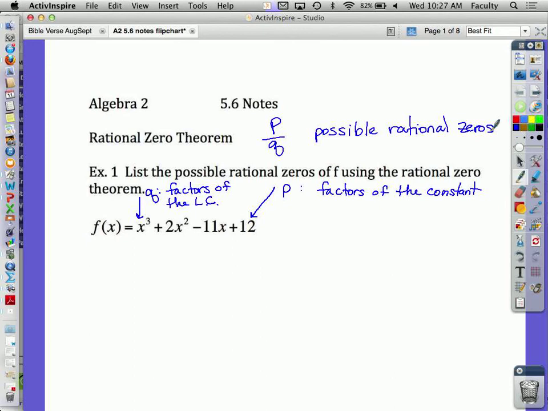So the rational zero theorem gives us a list of possible rational zeros. If you remember in the previous lesson, we were given a zero and we did synthetic division. And I mentioned we're going to get to a spot where we don't need them to give us any, and we can use this rational zero theorem.